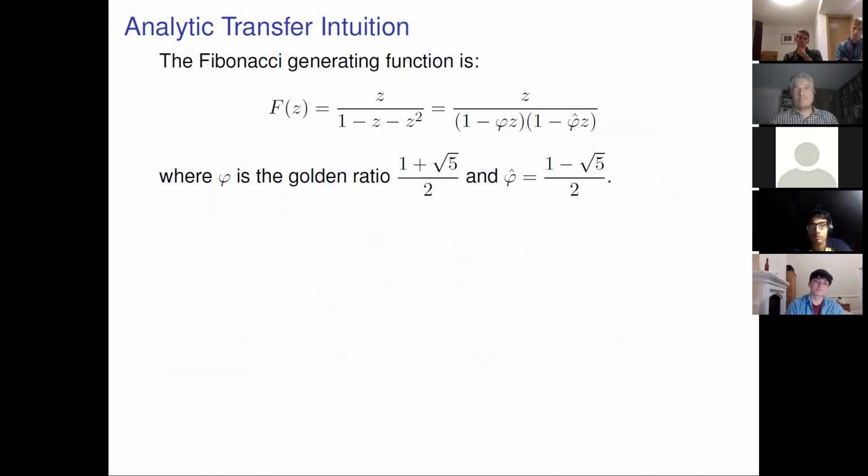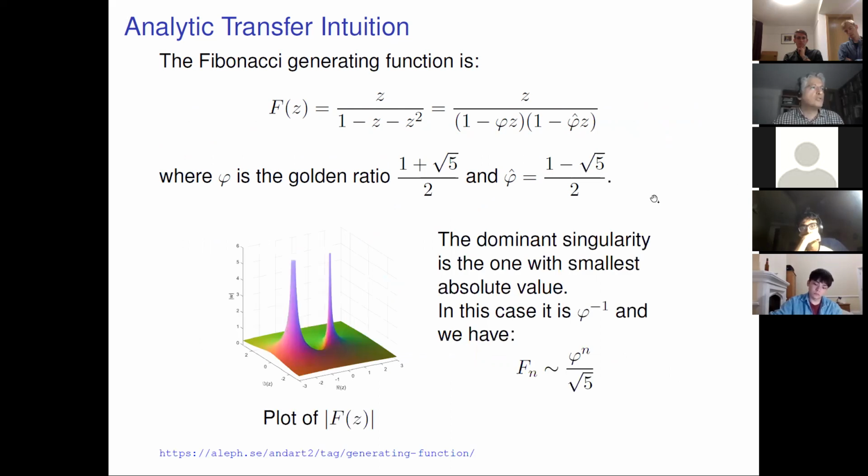As a trivial example, let's look at the Fibonacci function. You can factor the denominator this way, and that gives you the two singularities, the golden ratio and its conjugate. When you plot that complex-valued function, you have these two singularities, and the singularities are the inverse of these two numbers.